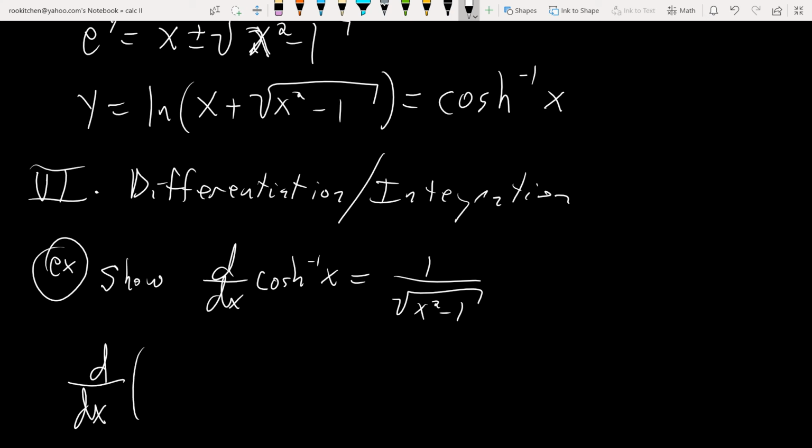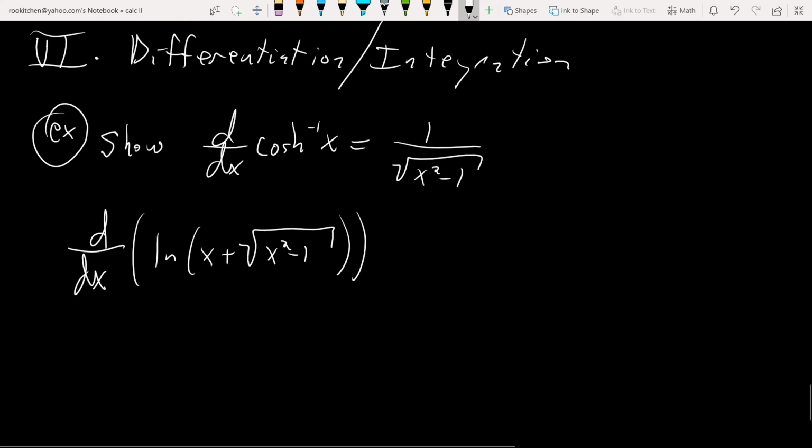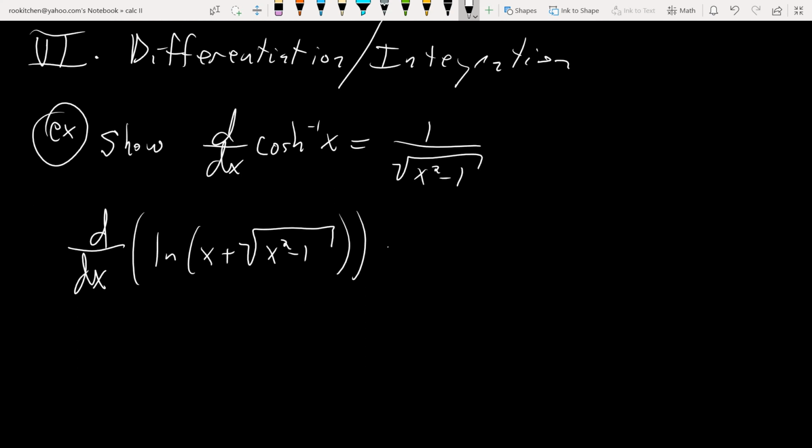Okay, so what you need to do is go back to our definition in terms of logs. So really what we're doing is figuring out the derivative of this log. Remember the derivative of the natural log is 1 over x. So this will be 1 all over the guts, x plus the square root of x squared minus 1, times the derivative of all that stuff.